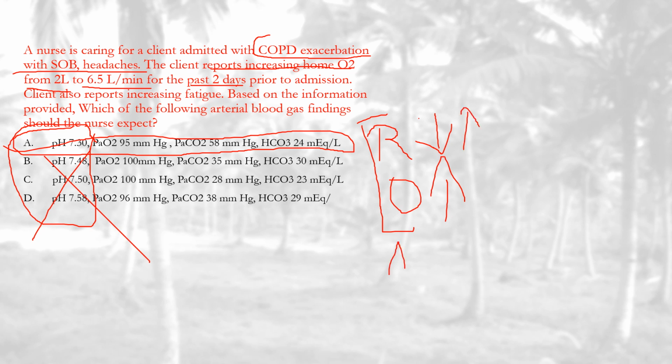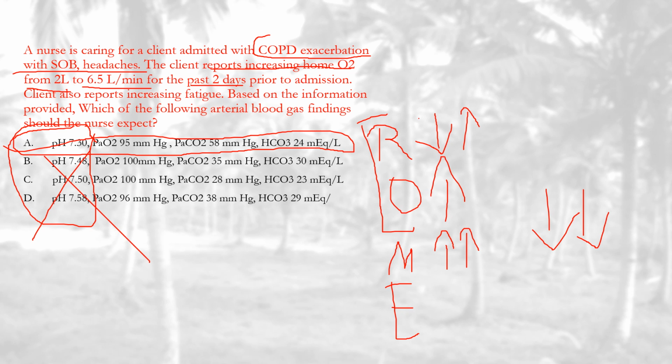And then we have the metabolic. Metabolic means equal. So respiratory is opposite, metabolic is going to be equal. So if you had metabolic acidosis, you're going to have double arrows down. Metabolic alkalosis, you're going to have double arrows up. So you can even check it that way too. Or the tic-tac-toe method.